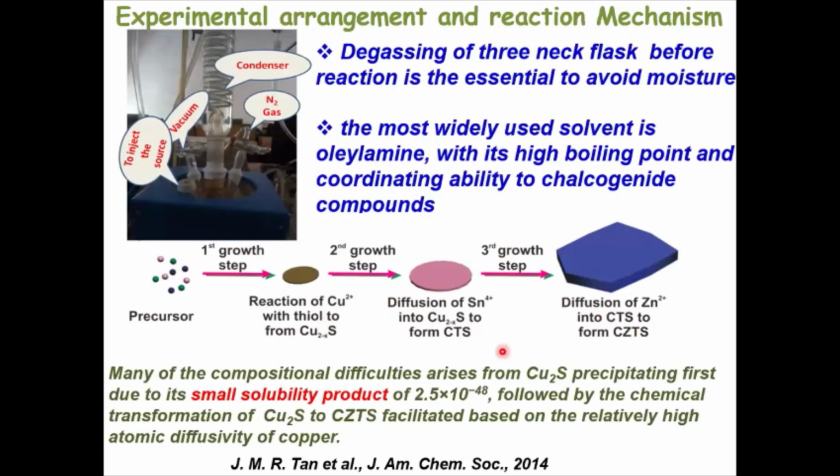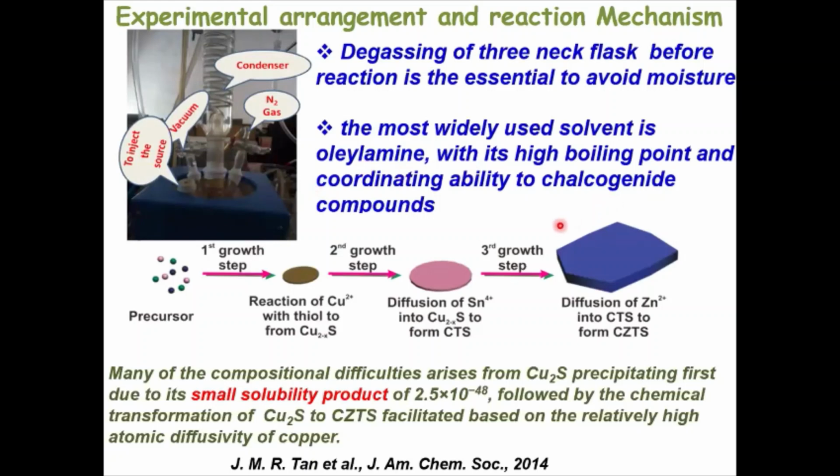Initially, degassing with nitrogen to remove moisture and whatever oxygen is in the system. Then heat the oleylamine close to its boiling point with the copper source, tin source and zinc source, and finally add the chalcogen through another neck with oleylamine.